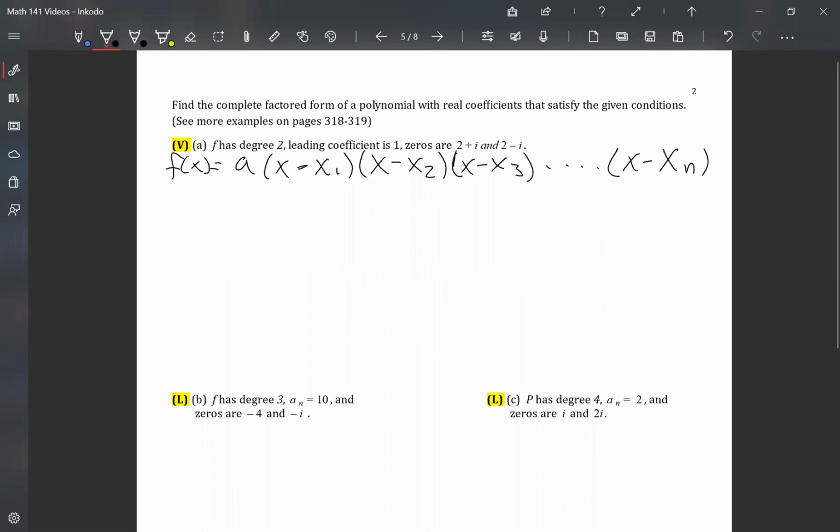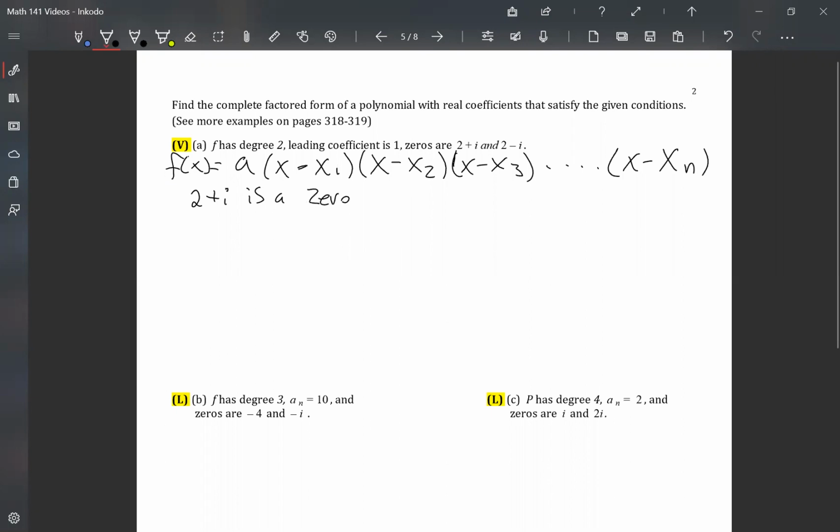So n can be the degree of the function. We might have some repeats in there, and we can deal with that. For this particular problem, we have a very small degree, so we're not going to get a bunch of zeros.